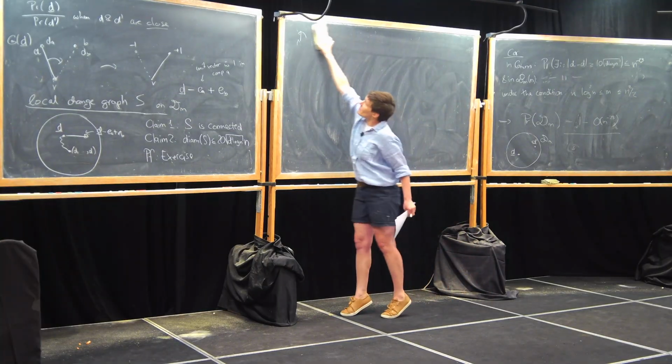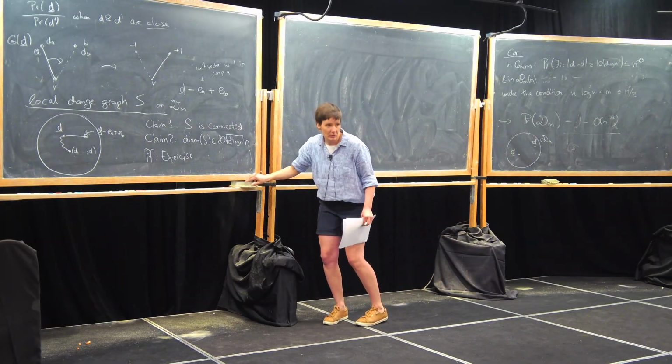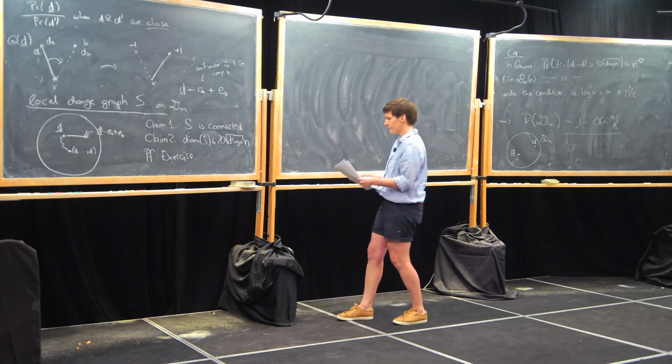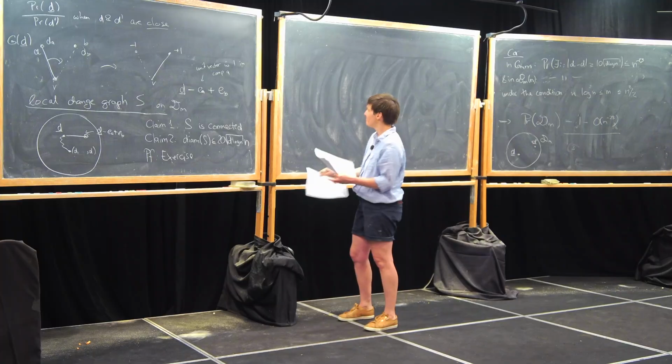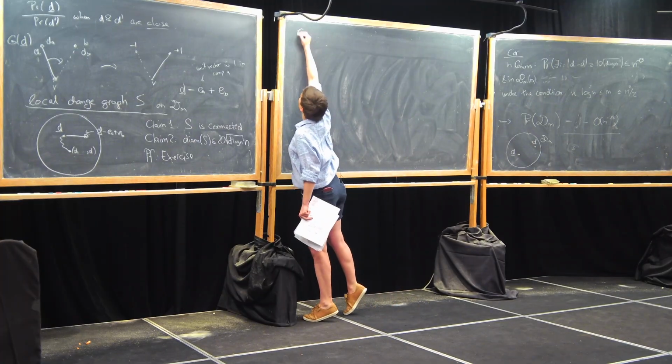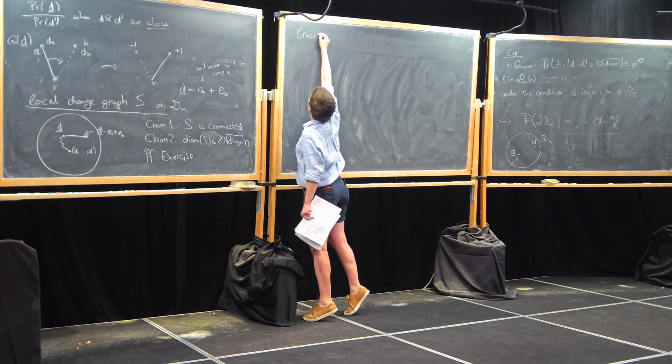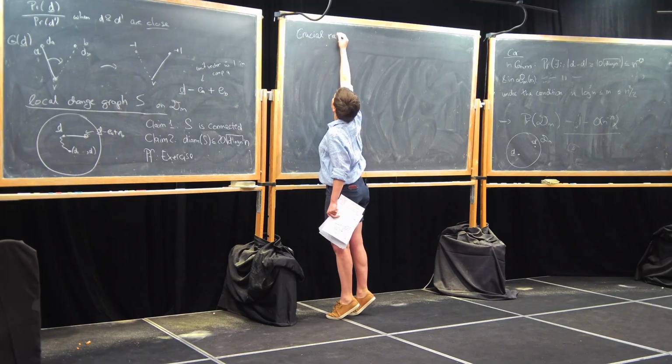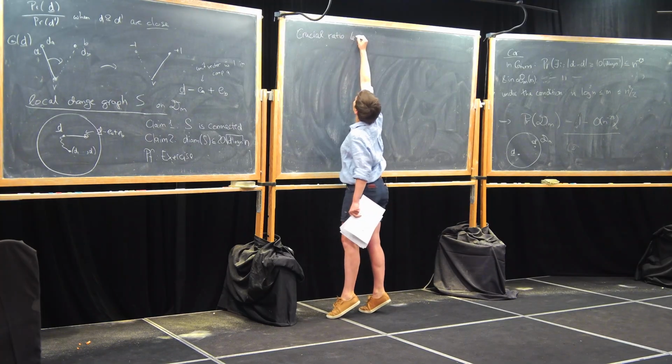So the crucial lemma about these local changes is the following, which I call the crucial ratio lemma.